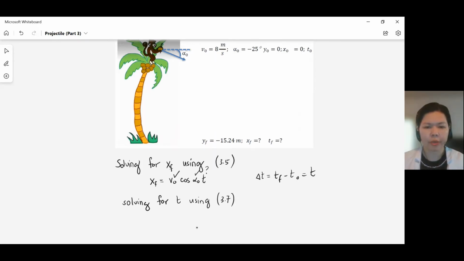We have 3.7: y final is equal to v naught sine alpha naught times time plus 1/2 gt squared. Since the unknown here is time, we can see that this equation can be solved using the quadratic formula. Thus, we need to transpose this equation into the standard quadratic form.